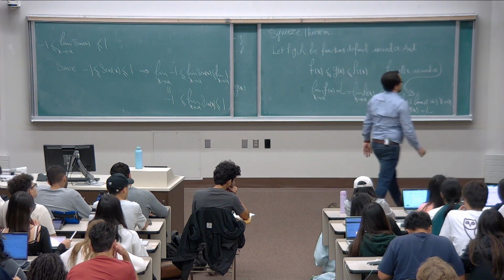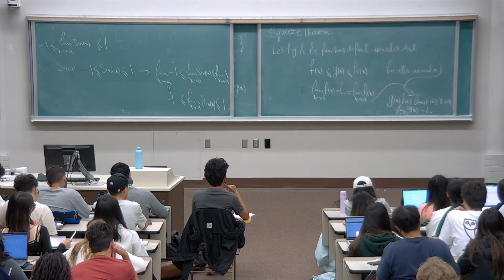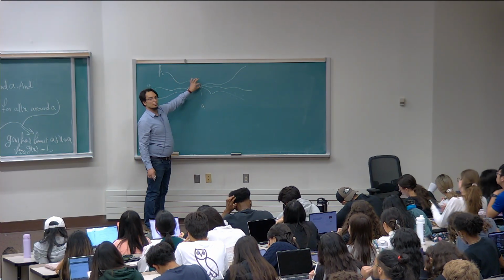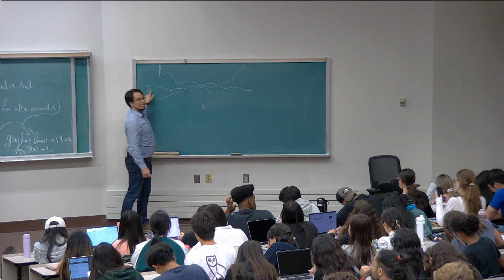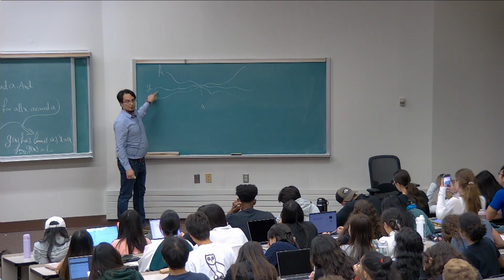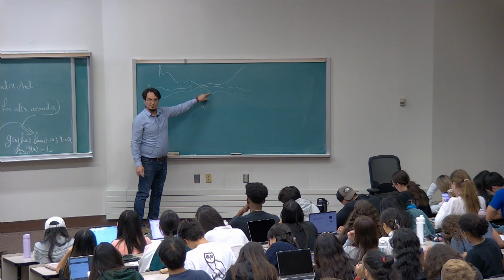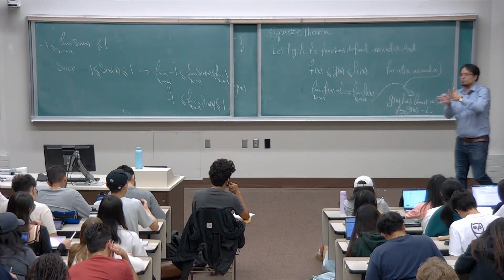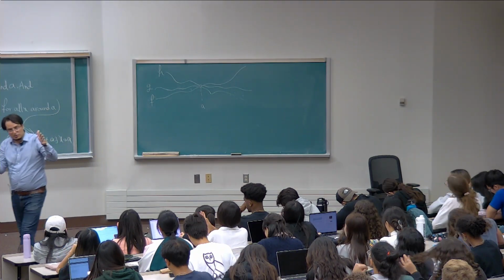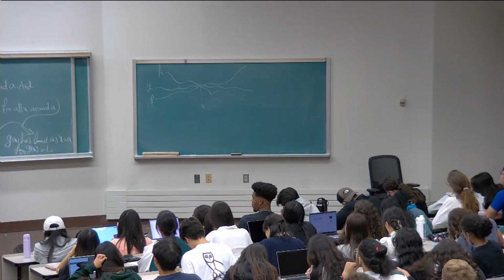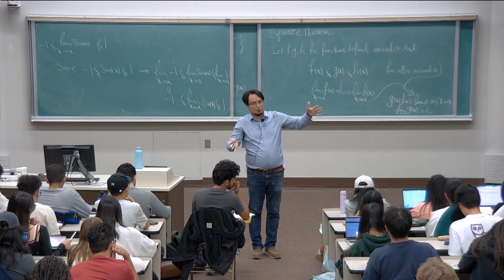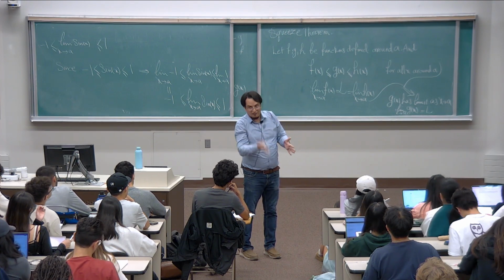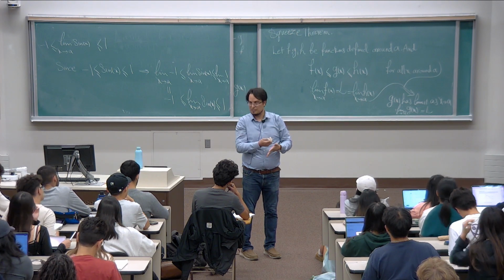Now, if f and h have the same limit as x approaches a, they will squeeze the middle one, which is g, to the same limit. g won't have any other possibility. It cannot run away. It will be squished, or squeezed, or sandwiched by f and h to the same limit.